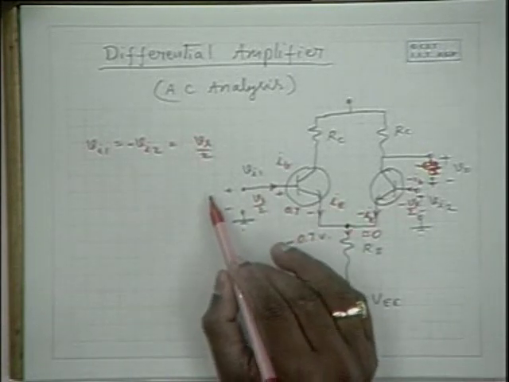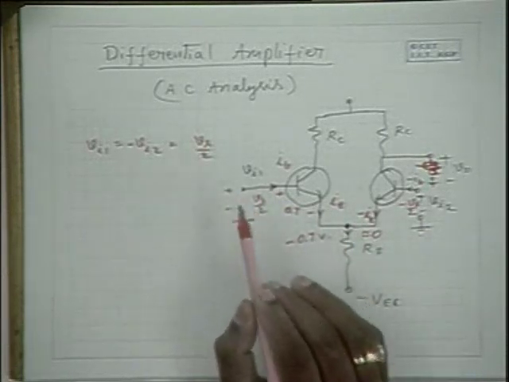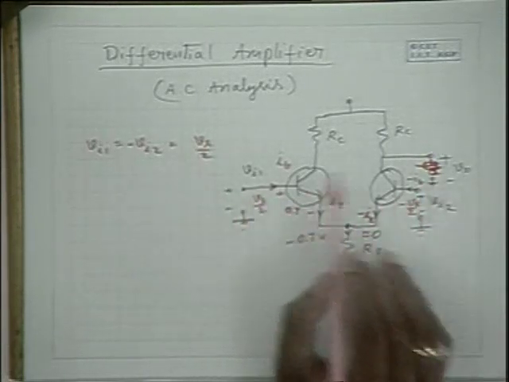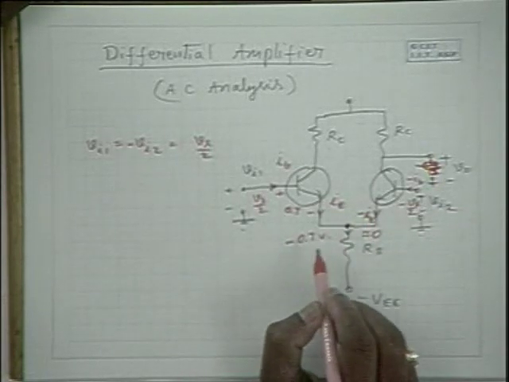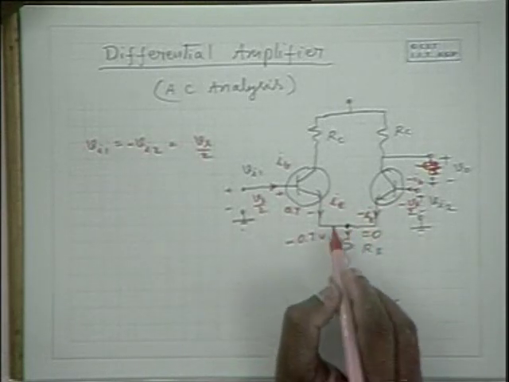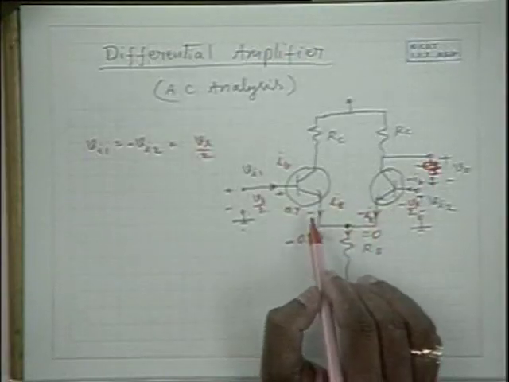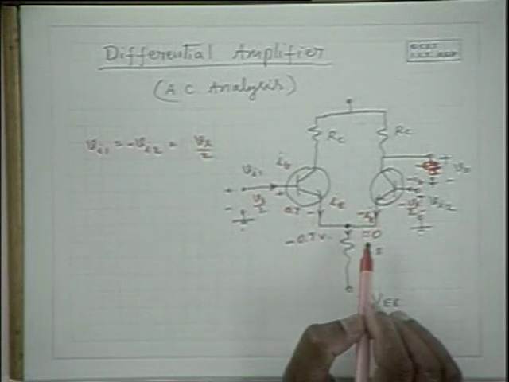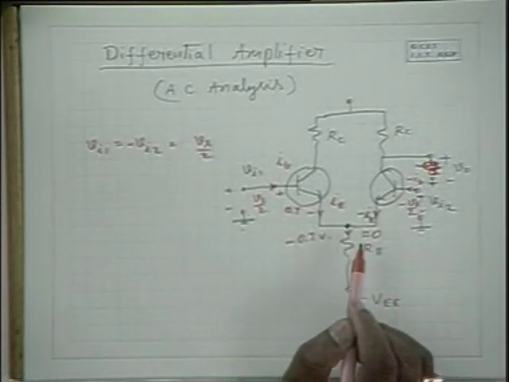So even if there is a change in the signal here, that means even when an alternating signal is connected here and here, this potential remains constant. That means as far as alternating signals are concerned, it is like a short circuit to the ground, because irrespective of the signal or the current, there is no change in the potential here.